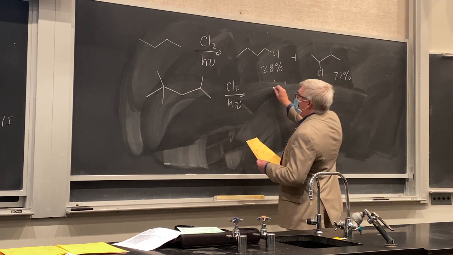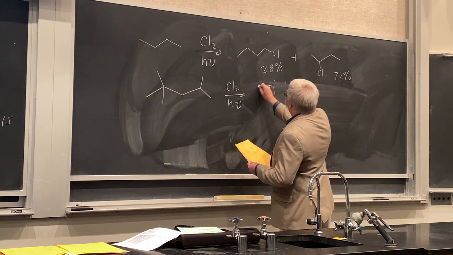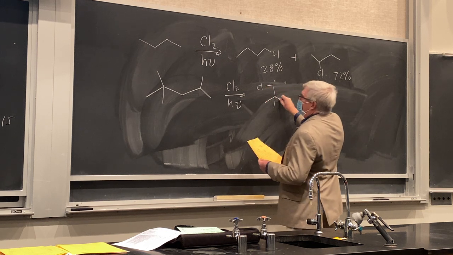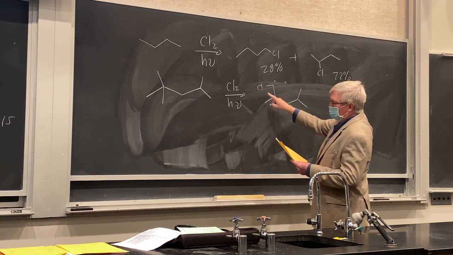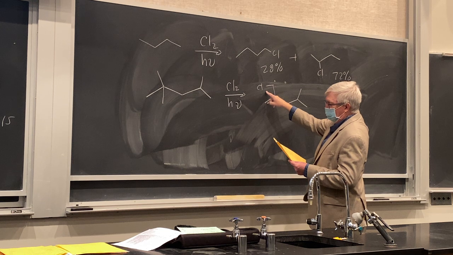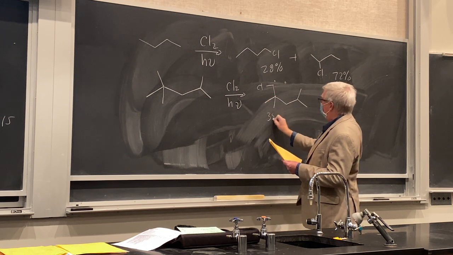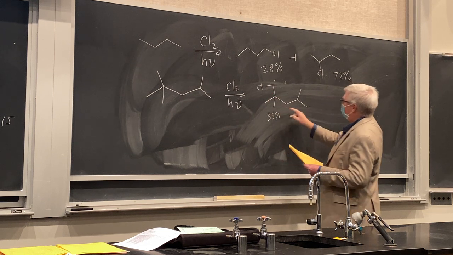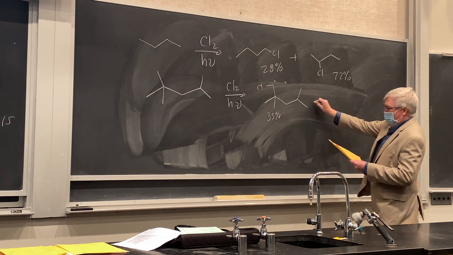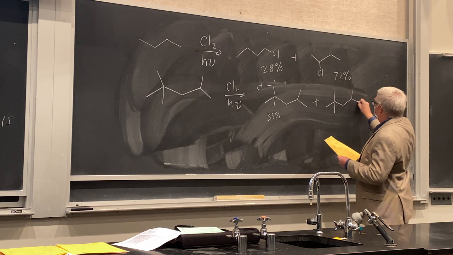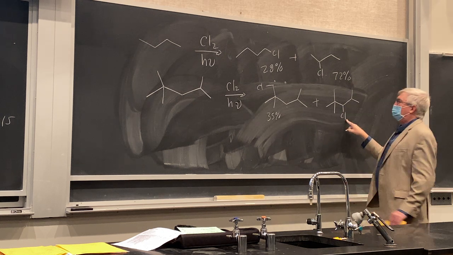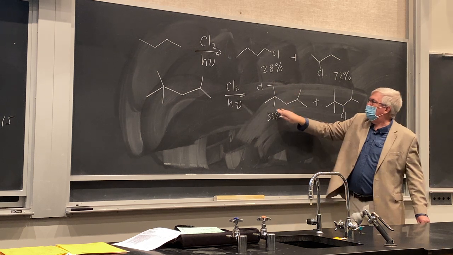So let's see. Primary position, how about this chloride? And there is that tert-butyl group, and all of these are the same. So that's just one. When this is formed here, it's actually 35% will be this one, okay? Let's see, how about that secondary position, which would be right here? That's a distinct chloride isomer from this one, right?